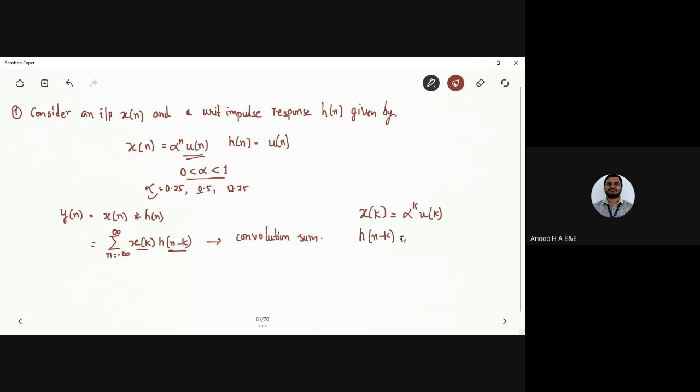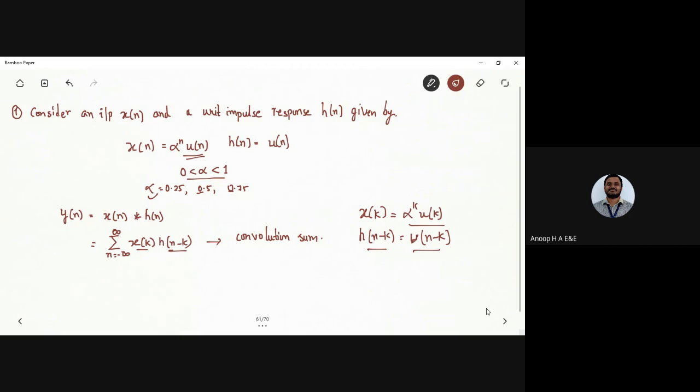For this LTI system it is given as u of n minus k. So now I have x of k and h of n minus k.